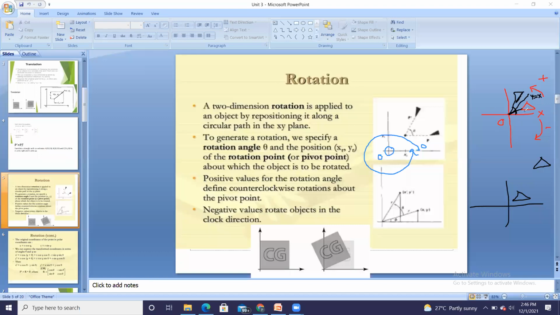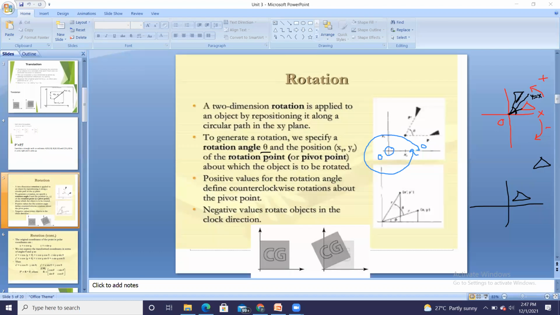Okay, so while rotating the object, you should know the angle, by how much angle I should rotate my object, and that angle is represented always by theta. So theta is the angle of rotation, and the position XR and YR, they are the original position or the pivot point. Pivot point is nothing but the point on which the object is rotating.